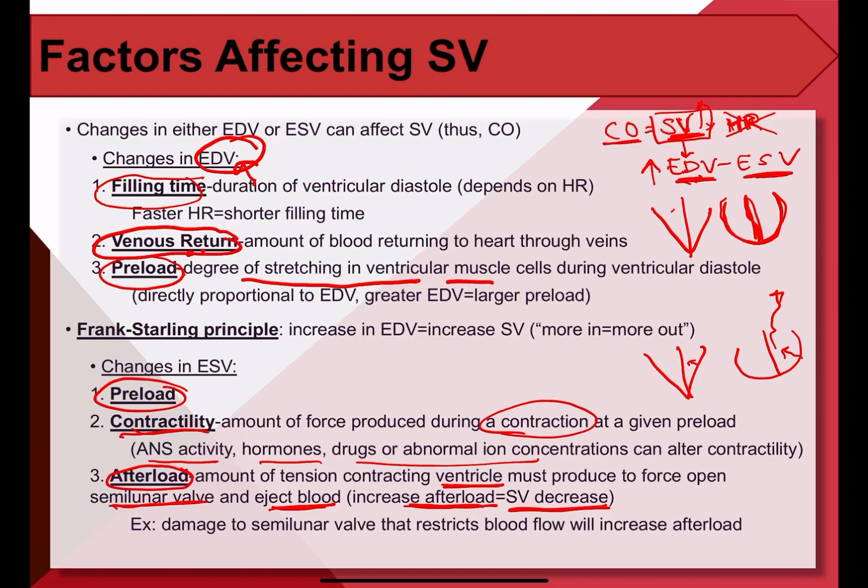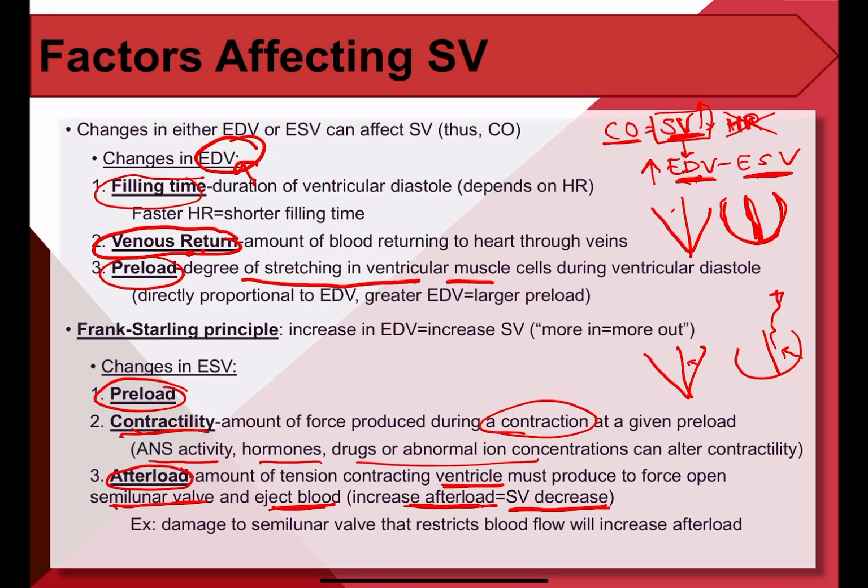Preload is how much fluid you're able to put into here, based on how big your container is. It's kind of like a big water gun versus a small water gun. That's preload. Afterload is how hard you have to push in order for blood to be ejected from that semilunar valve, the aortic valve or pulmonary valve.